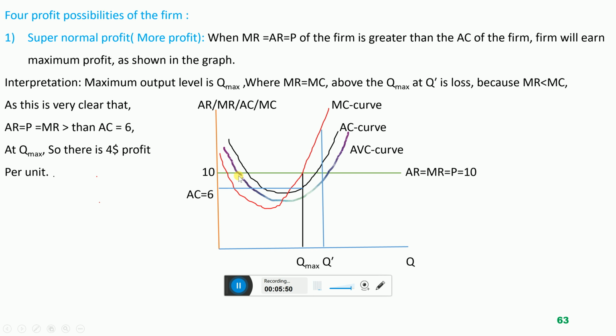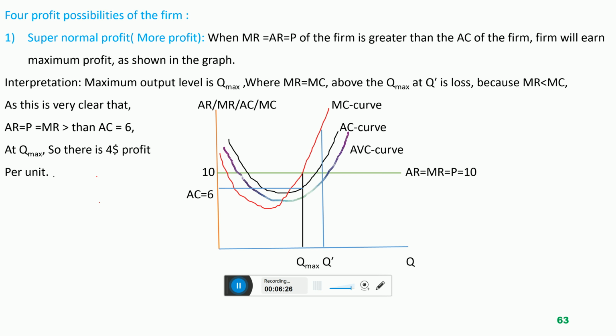This purple, blue and green mix color curve is the average variable cost curve, AVC. This black is average cost, this purple curve, U-shaped, is average variable cost. And this red U-shaped curve is the marginal cost curve.